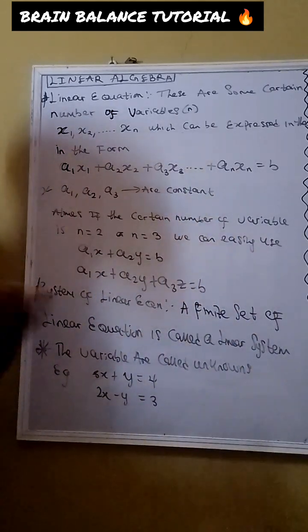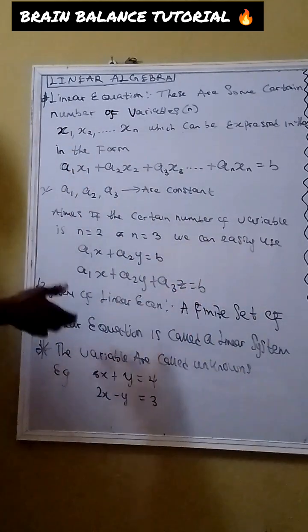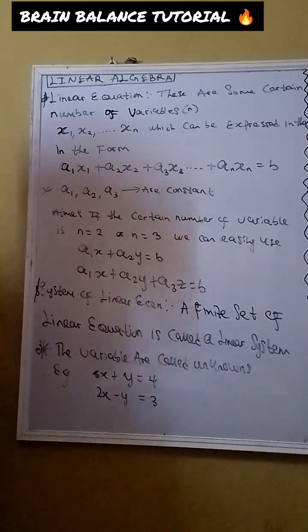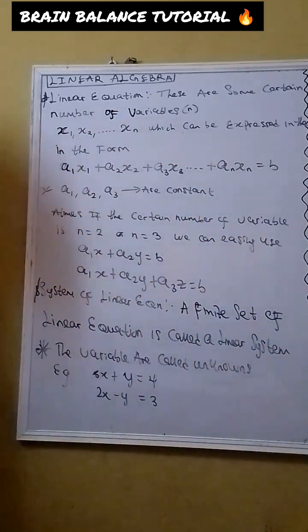We will have to use x1, x2. But since it's still on 2, you can use your normal x and y. Still on 3, you use x, y, and z. And if you feel like you can easily use x1 and x2, if you recall from my previous video, I utilized x1 and x2 because I feel it is much more interesting. Or let me just say, it is actually cool.